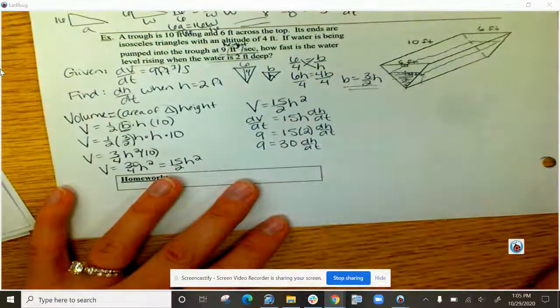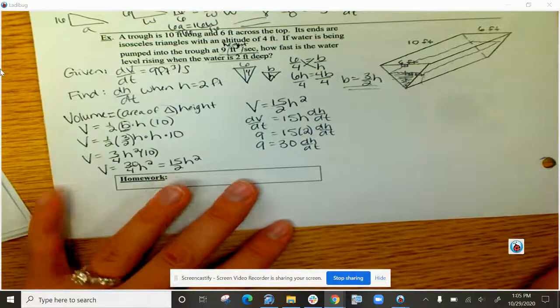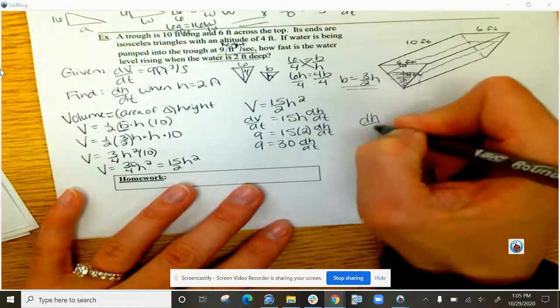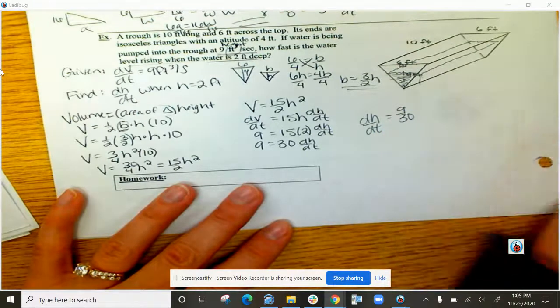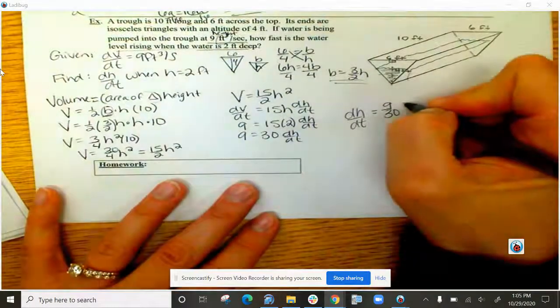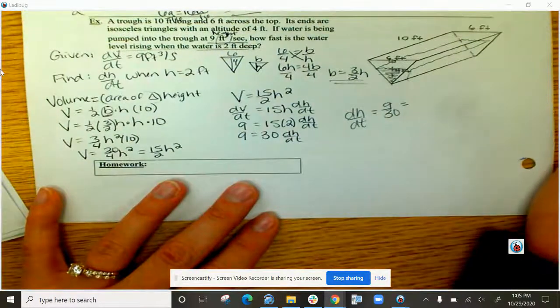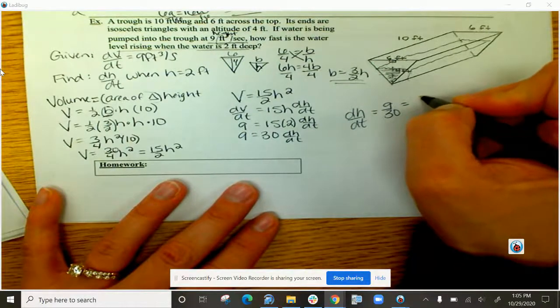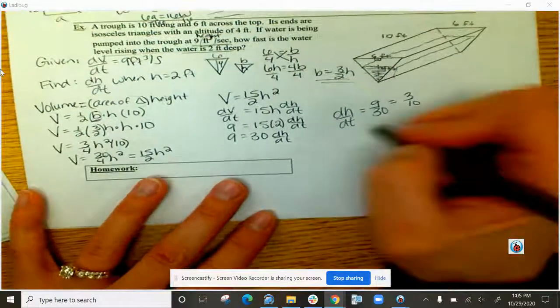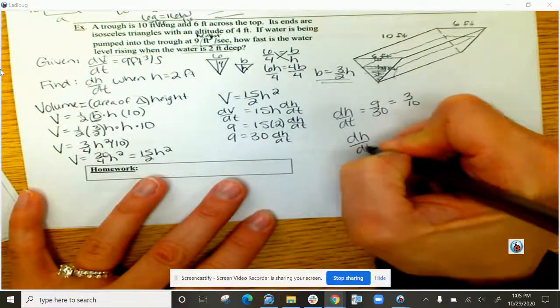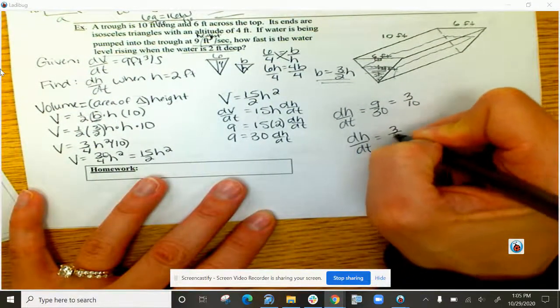And I can divide by 30 to get my dh/dt. So I get dh/dt equals 9 over 30, which I can simplify by dividing both by 3 if I want to. So this becomes 3 over 10. So finally, dh/dt simplified is equal to 3/10.